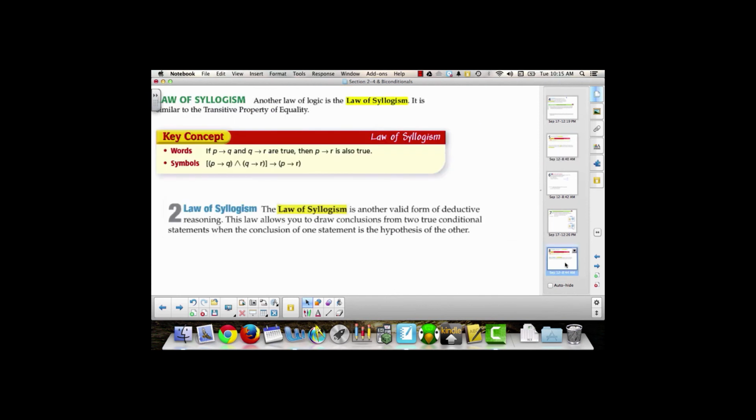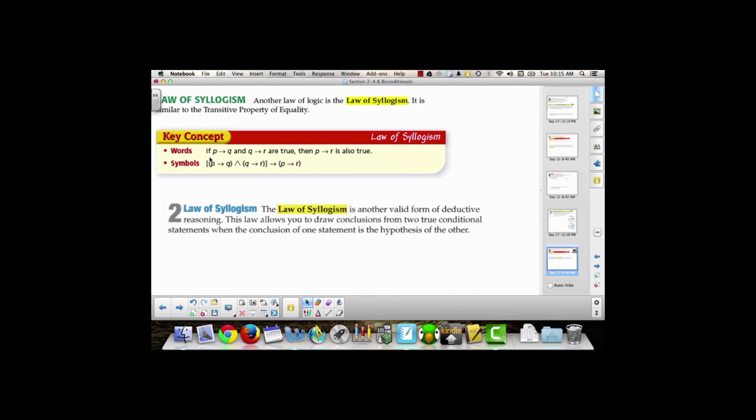The second tool that we're going to use for deductive reasoning is called the law of syllogism. The law of syllogism is like a chain. I have a chain of if-then statements, kind of like dominoes. Notice what we have here.